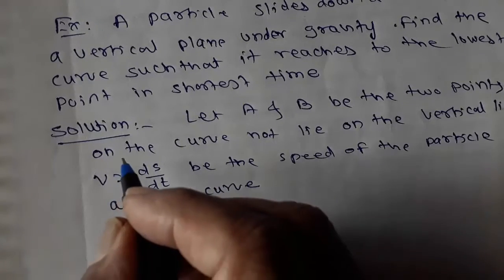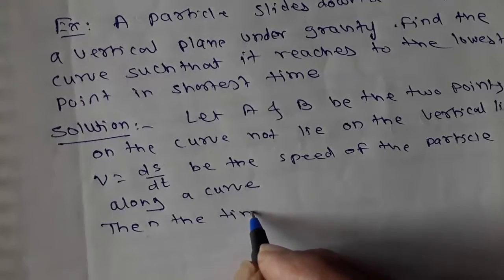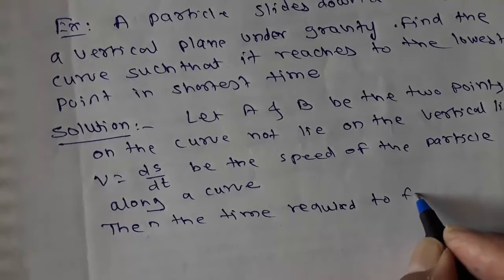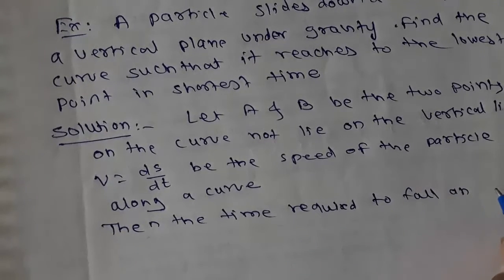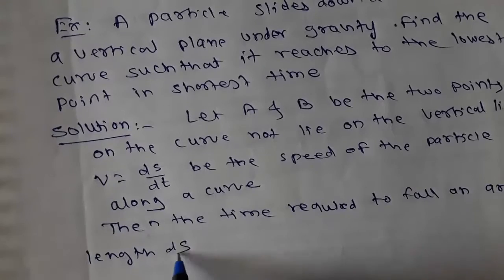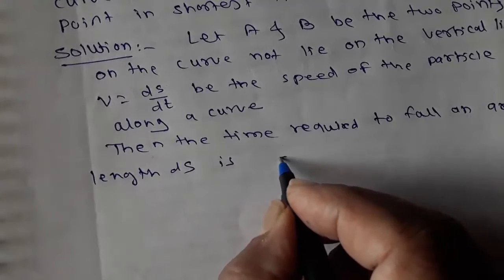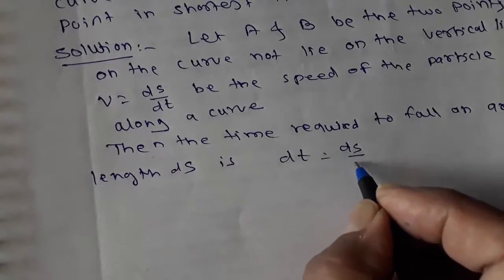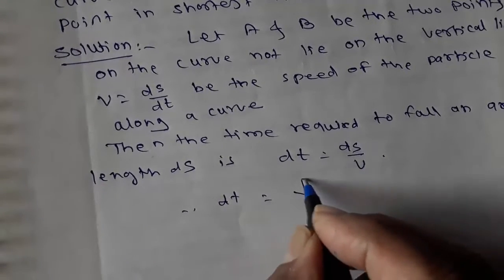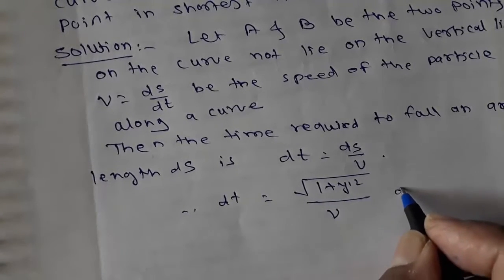Then the time required to fall an arc length ds is given by dt equal to ds by v, that is dt equal to root of 1 plus y dash square divided by v into dx.